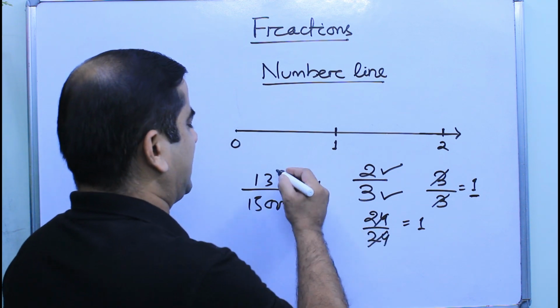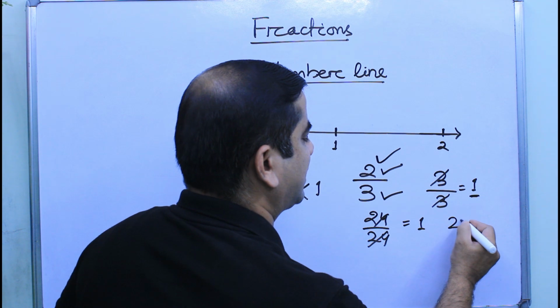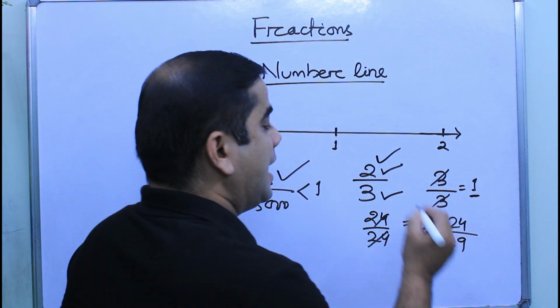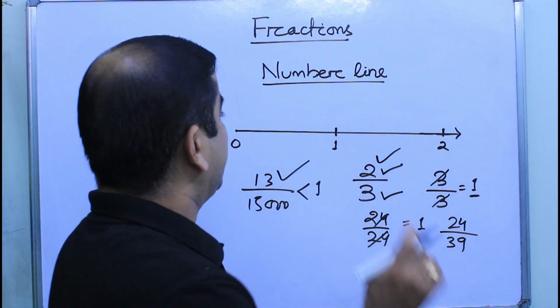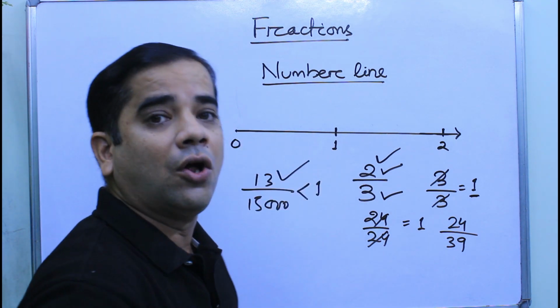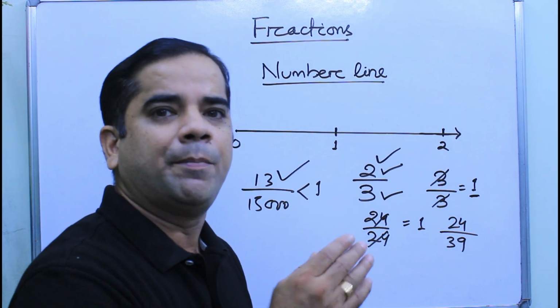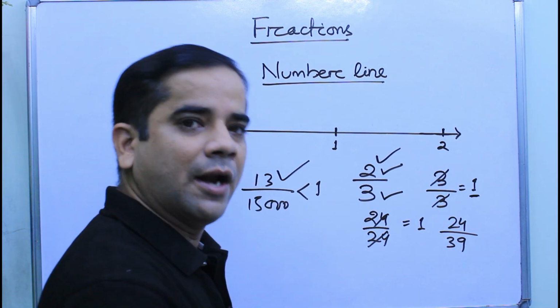Every proper fraction, let that be 13 by 15,000, let that be 2 by 3, let that be 24 by 39, is less than 1, so they lie between 0 and 1 on the number line. So let us now discuss how to represent a proper fraction on a number line.